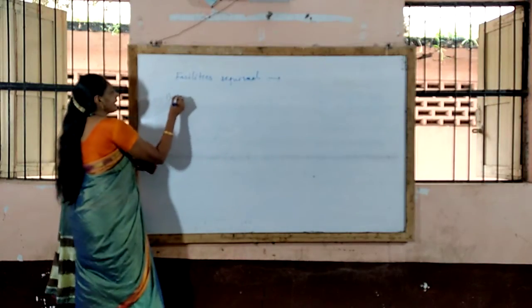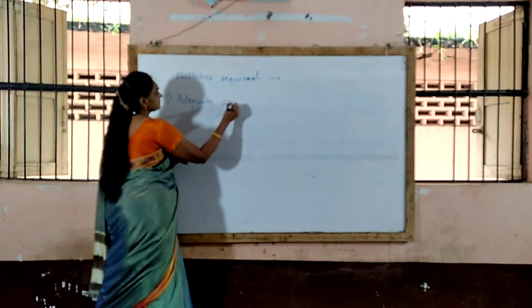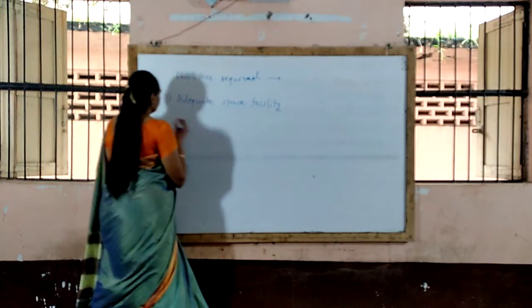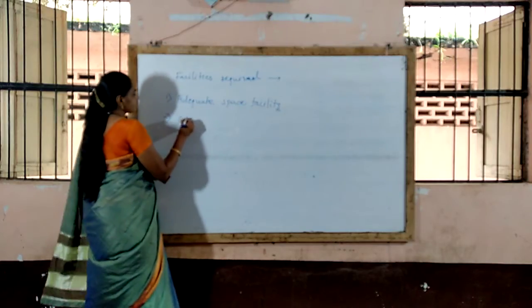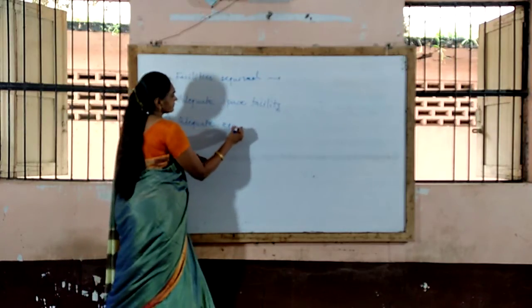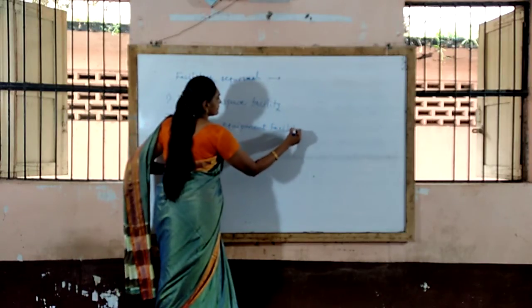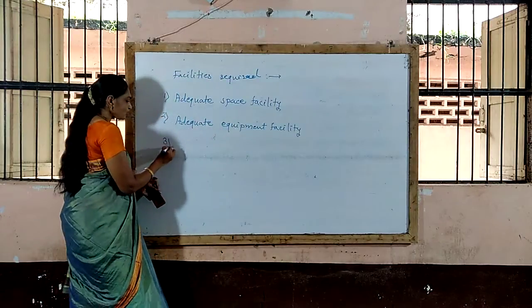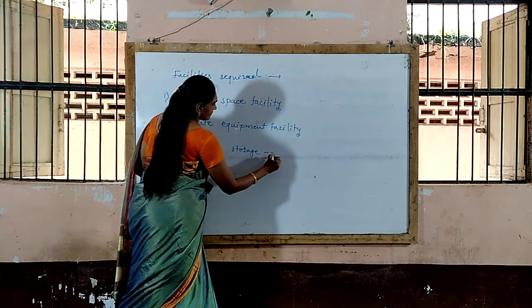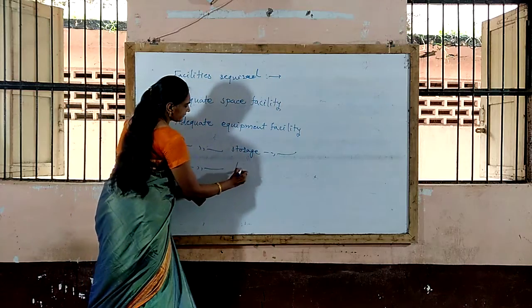Four facilities are required: adequate space facility, adequate equipment facility, adequate storage facility, and adequate library facility.